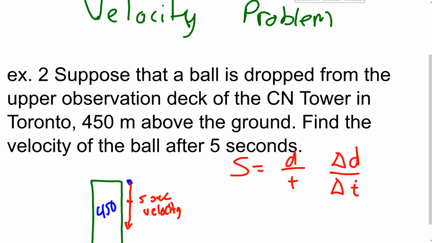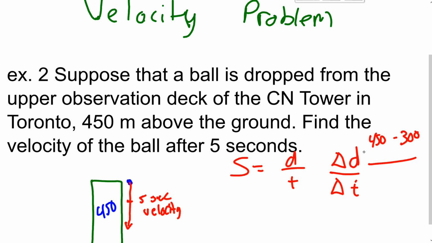Normally we need two distances, right? What we start out with, like 450, and how far it travels down. So say 300, and then we divide that by how long it takes, and then we can find our speed at that time.